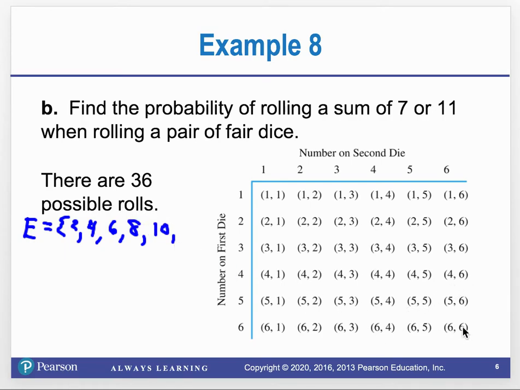And then these numbers add to give 12. So those are my ways that I can get a sum that's even. My primes: 2's a prime number, 3's a prime number, 5, there's some 7s. 9's not prime, but 11 is.